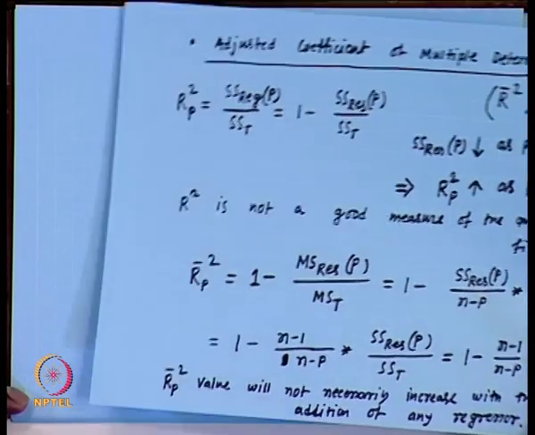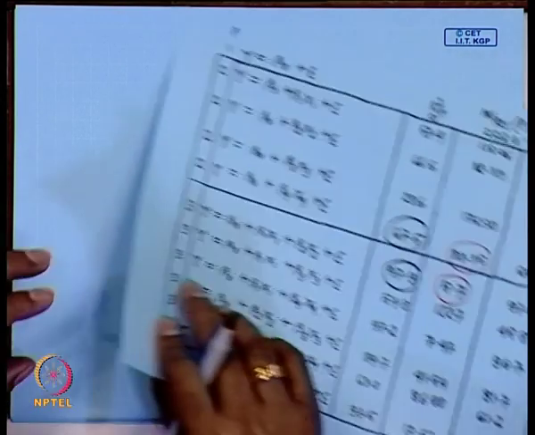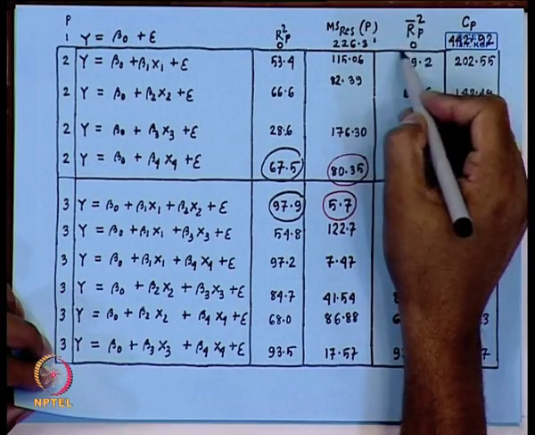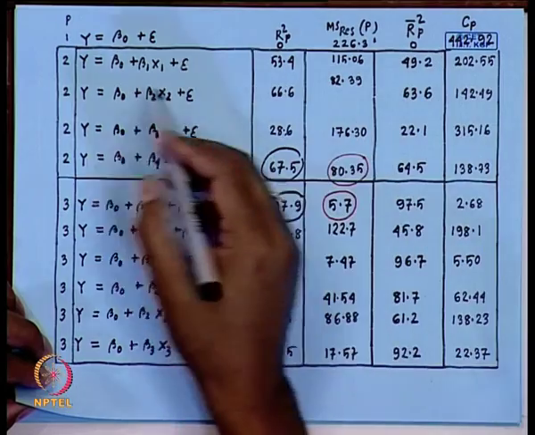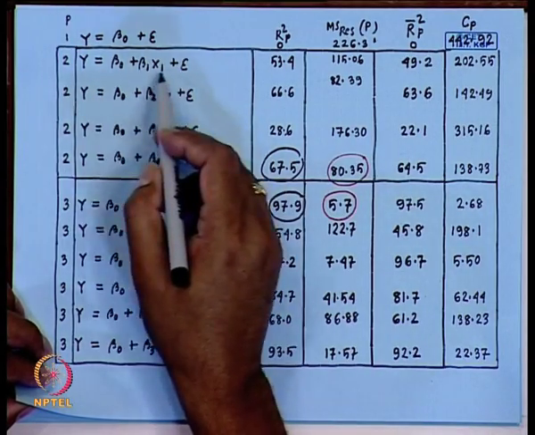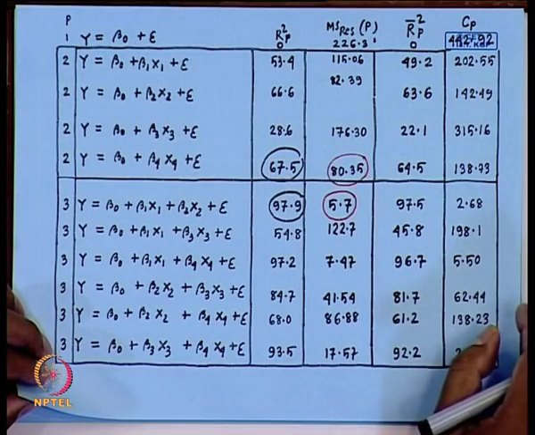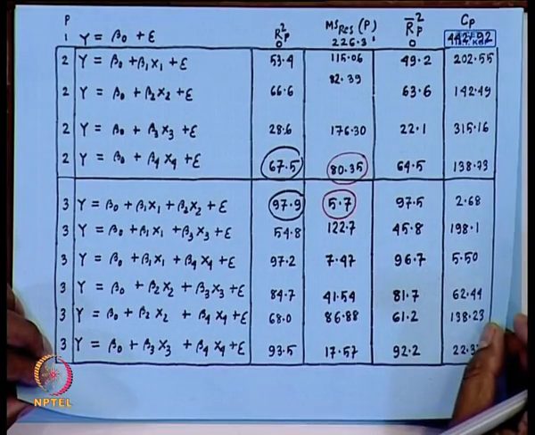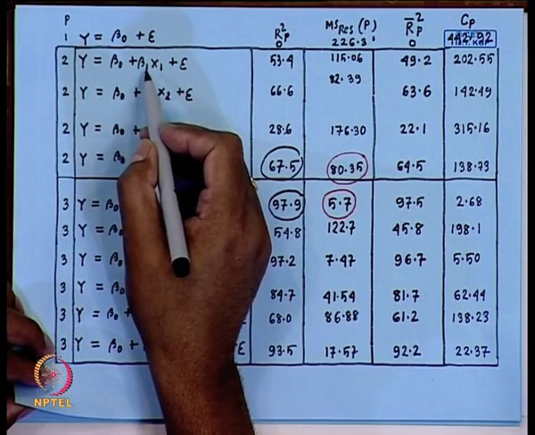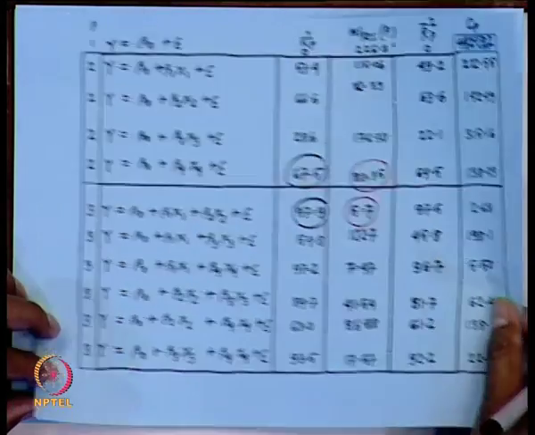Now, let me just illustrate for this model how to get this adjusted coefficient of multiple determination. We have the fitted model and ANOVA table for the first model. Well, then what is the adjusted coefficient of multiple determination for this model?